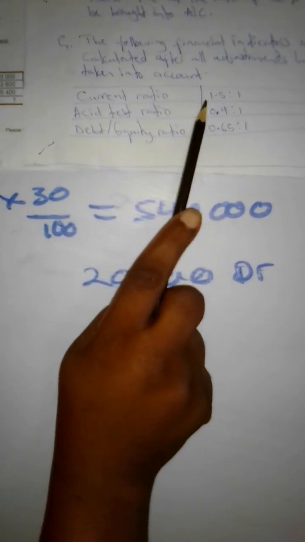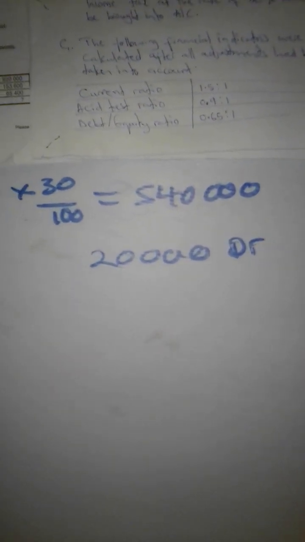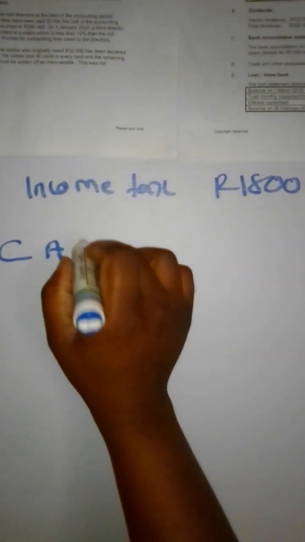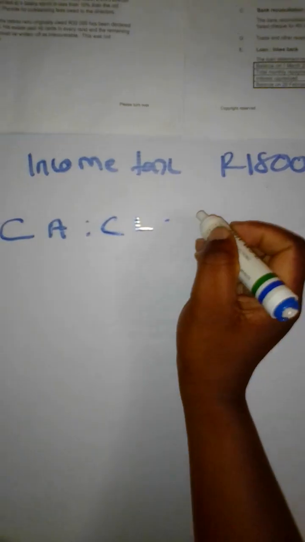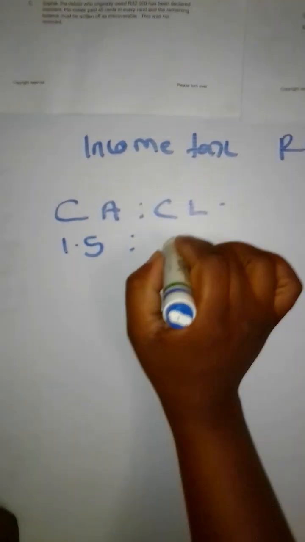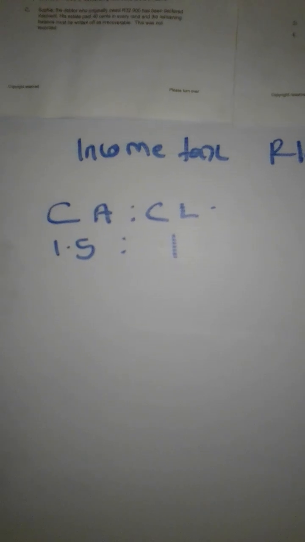The current ratio, we can use it to find our current assets. Why? Because the formula for the current ratio is current assets to current liabilities. So if they are saying that it is 1.5 to 1, how much then are the current assets?